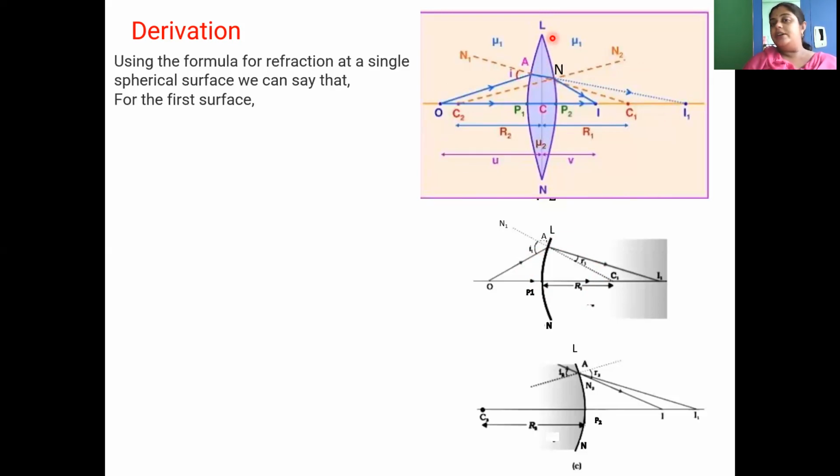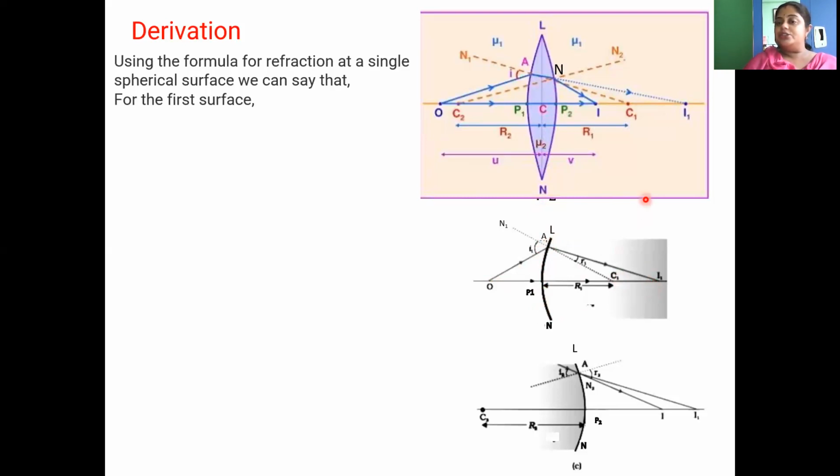If we ignore the second surface, then our ray diagram becomes this one. Only one convex surface is there. In this case, O is your object, I1 is your real image.